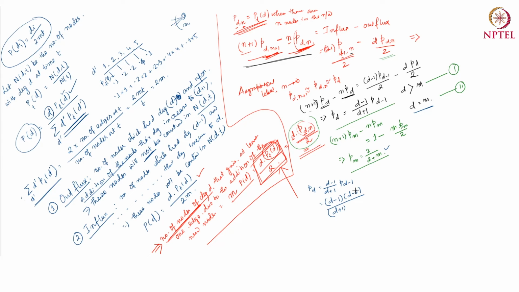I think I made a mistake here, so this should be d minus 1, d minus 2 over d plus 2, d plus 1 and p of d minus 2. And we basically do this same kind of replacement again and again, d minus 1, d minus 2 and so on, until we get m.